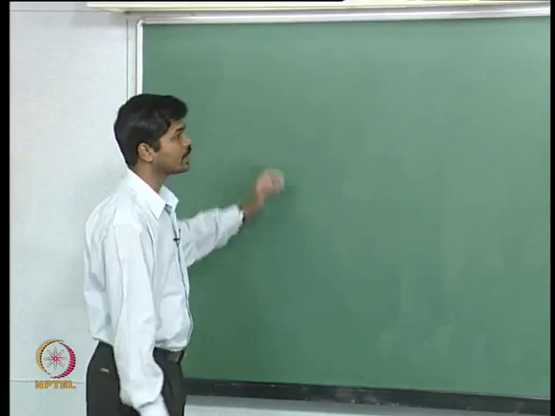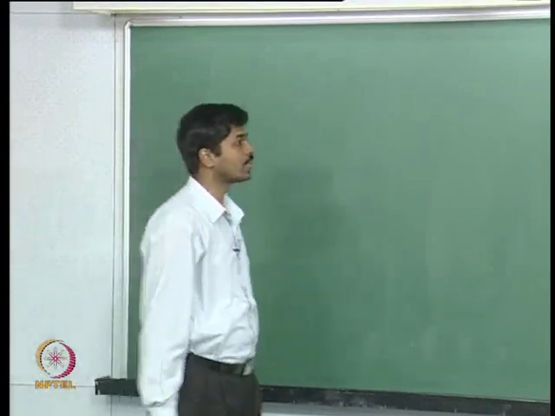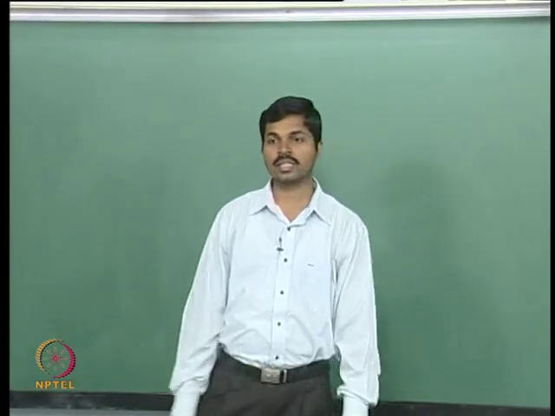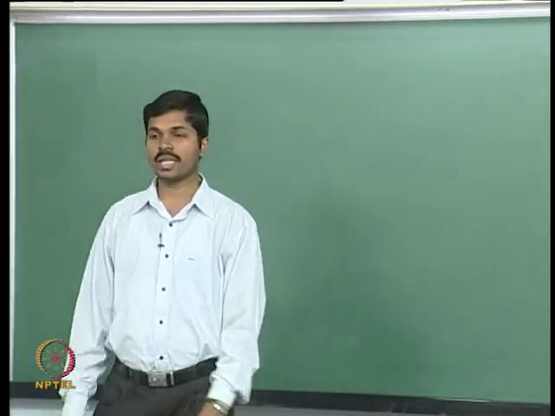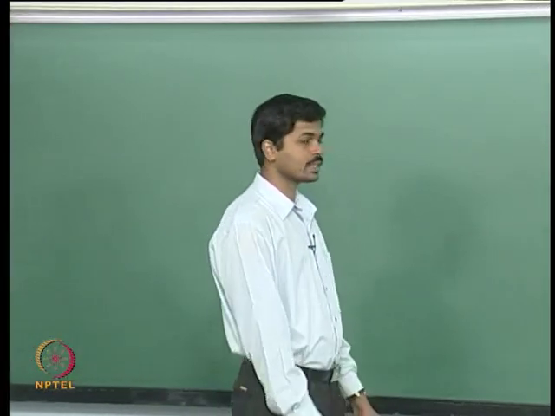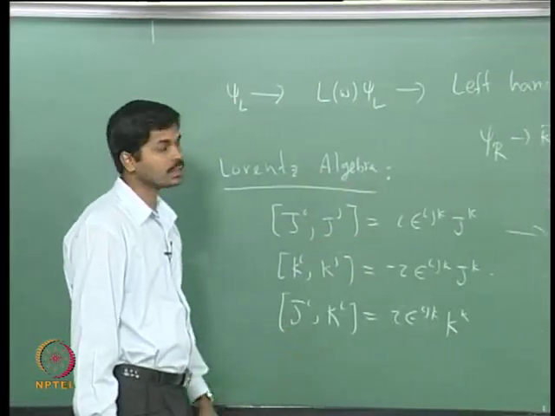These are, by the way, also called Weyl spinors. So we can have these left handed as well as right handed Weyl spinors, and then we can construct a Lorentz invariant Lagrangian or a Lorentz invariant action from these Weyl spinors.